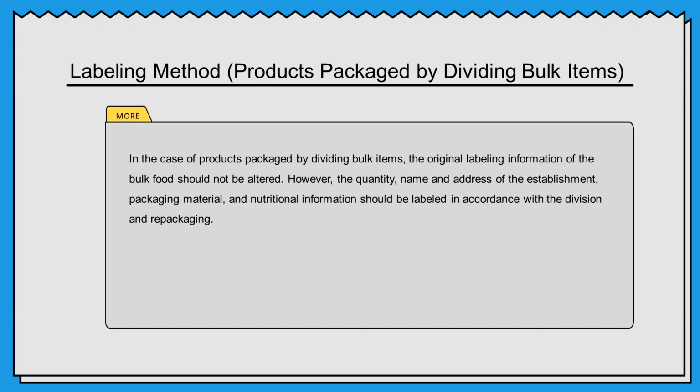In the case of products packaged by dividing bulk items, the original labeling information of the bulk food should not be altered. However, the quantity, name and address of the establishment, packaging material, and nutritional information should be labeled in accordance with the division and repackaging.